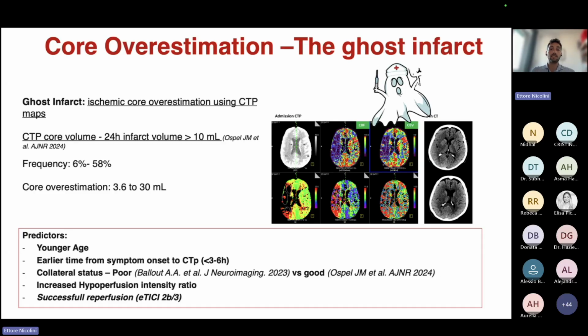It seems that it's more frequent in younger patients and earlier time from symptom onset to imaging. It is debated if it is more common in poor or good collateral status, but it should be more common in patients with increased hypoperfusion intensity ratio, which is a sort of tissue-based collateral assessment. It is also more common in patients with successful reperfusion.